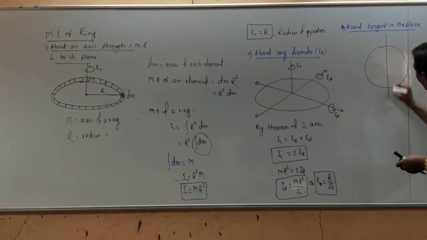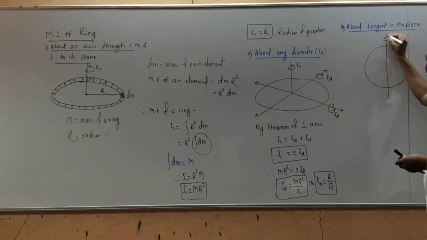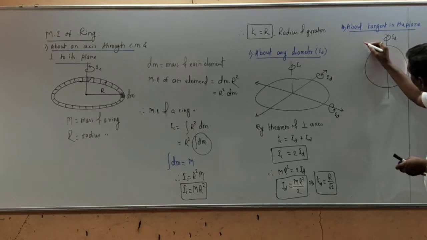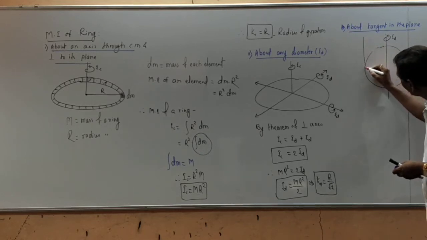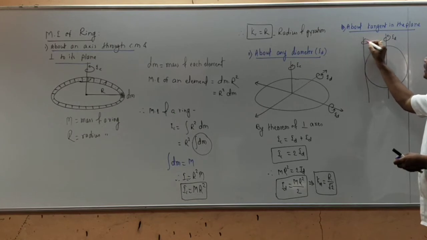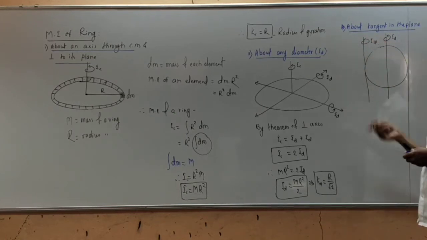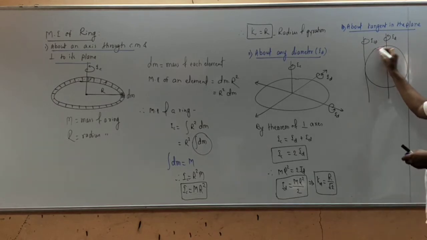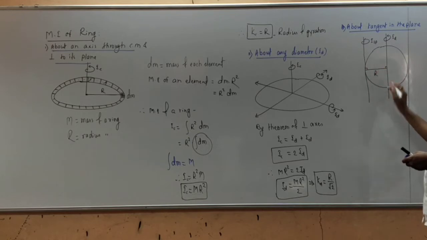This one is any of its diameters. So the moment of inertia about the diameter is Id. And consider this one, the tangent in the plane. So the moment of inertia is denoted by ITP, T for tangent, P for in the plane. So the distance between these two parallel axes is nothing but the radius of the ring.